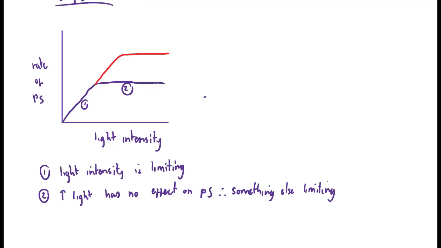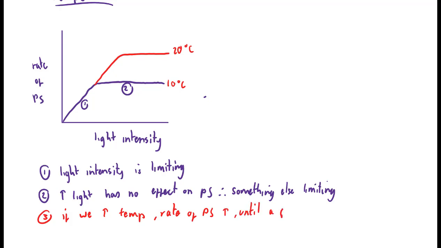So let's say that this is at 10 degrees C and this is at 20 degrees C. What we can see is that when we increase the temperature, the rate of photosynthesis increases until we get to here. So if we increase temperature, the rate of photosynthesis increases until a point. That point is here, and after that, when we get to this part, something else must be limiting.